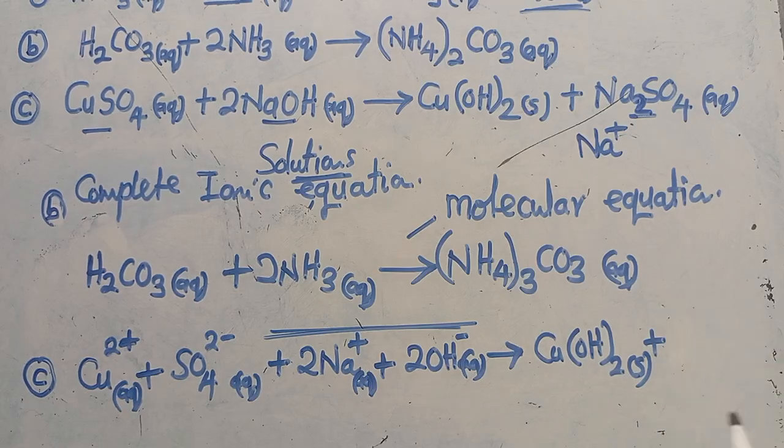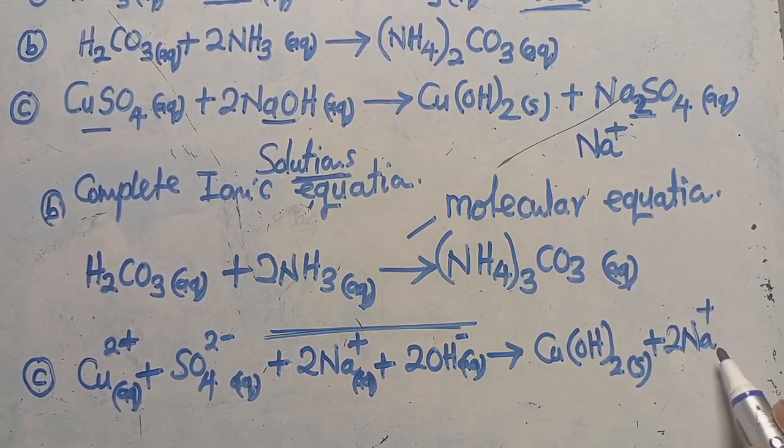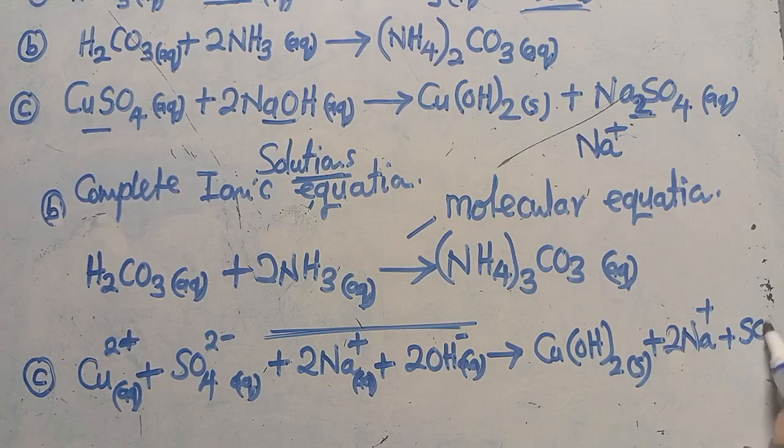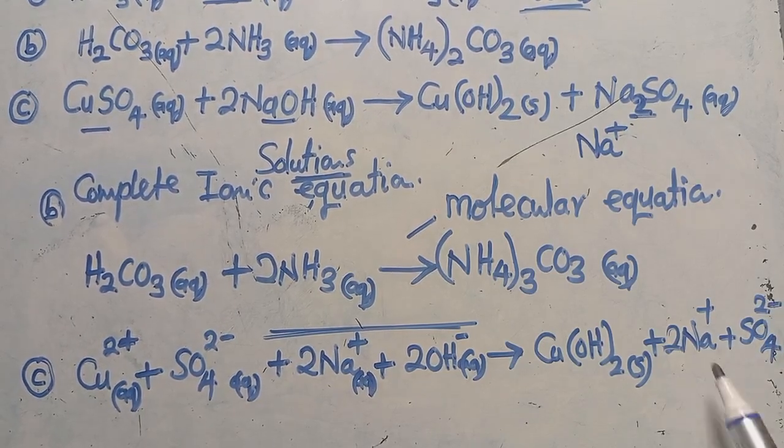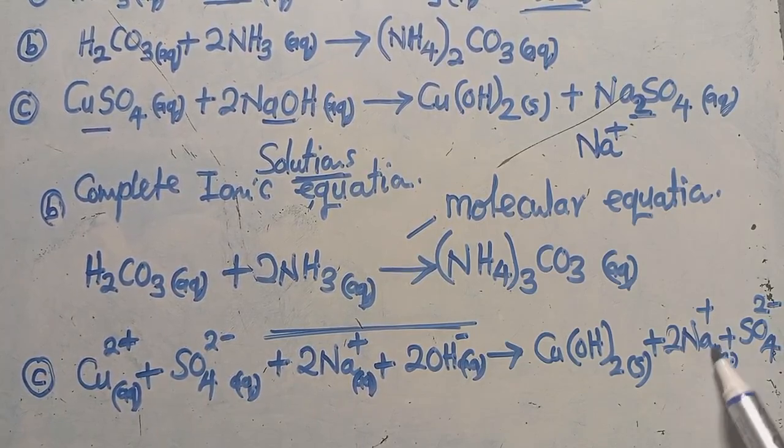So the 2 goes on top: 2 sodium plus, plus sulfate, which is 2 minus. These ones are in aqueous, even the last one. From here, this is a complete ionic equation.